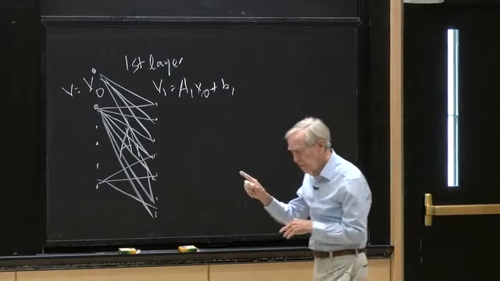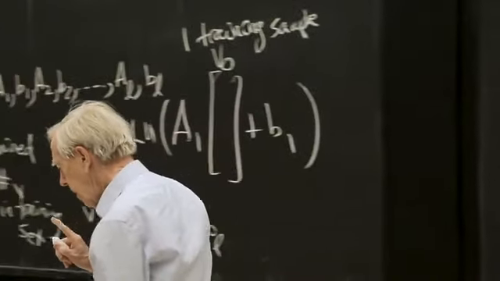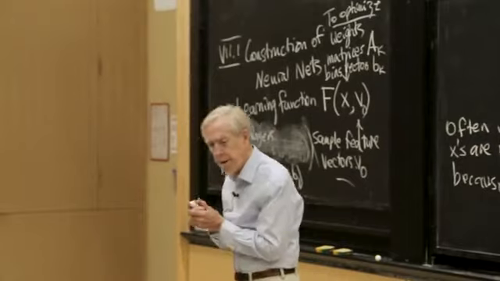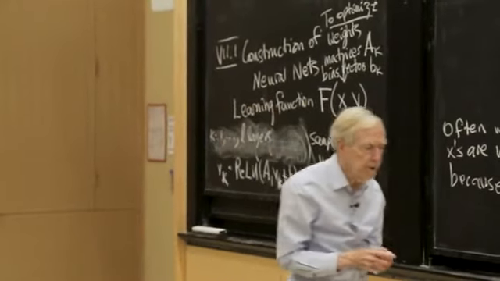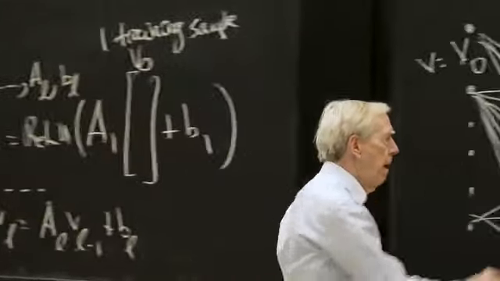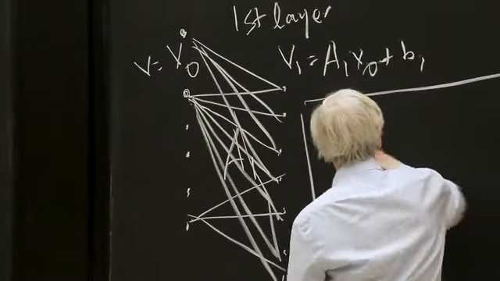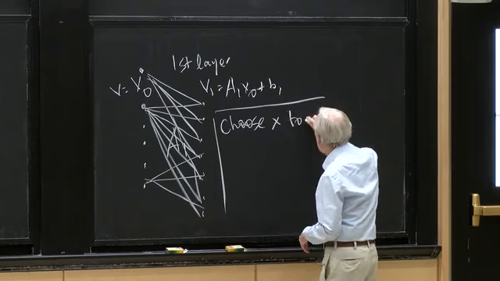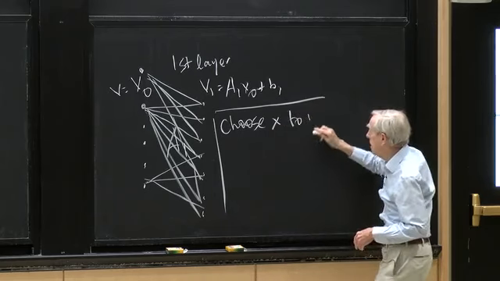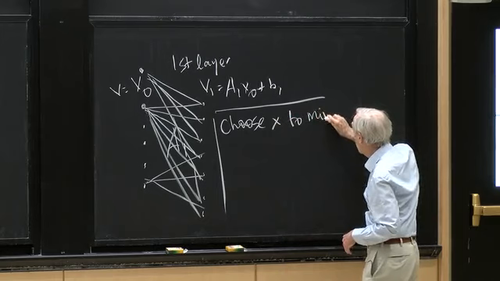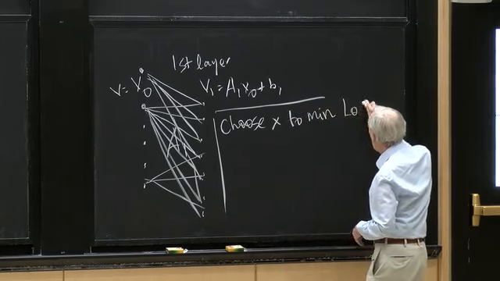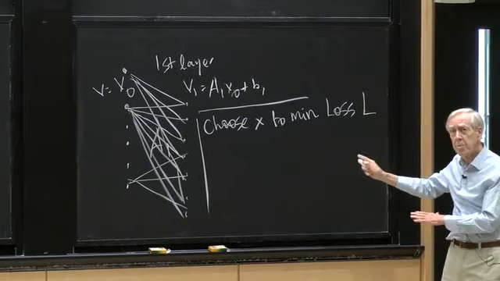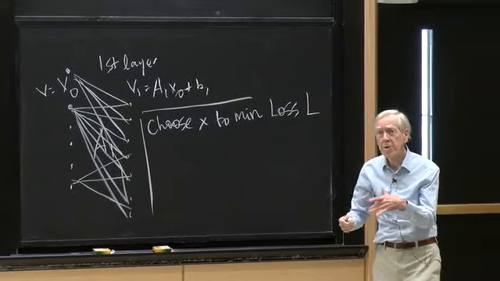Now I haven't yet put into the picture the loss function. So that's the function that you want to minimize. So what is the loss function? We're choosing x, that's all the A's and B's, to minimize the loss function L. Okay. So it's this part that Professor Schra's lecture was about.